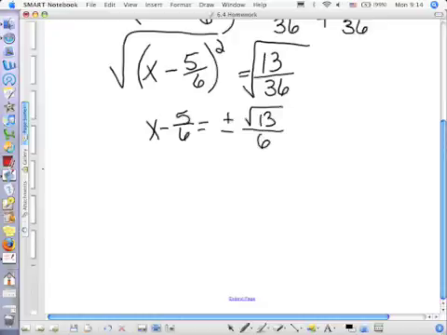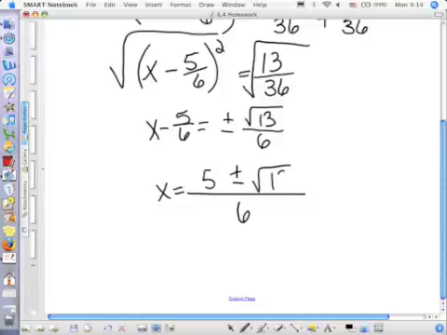And then we're going to bring our 5/6 over. It becomes plus 5/6 since they're both over 6. Then I can simply say 5 plus or minus the square root of 13 over 6. That means both fractions are over 6. And that was number 40.